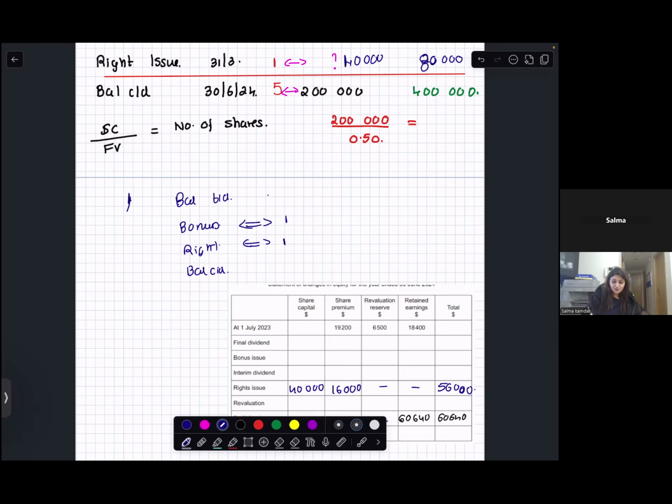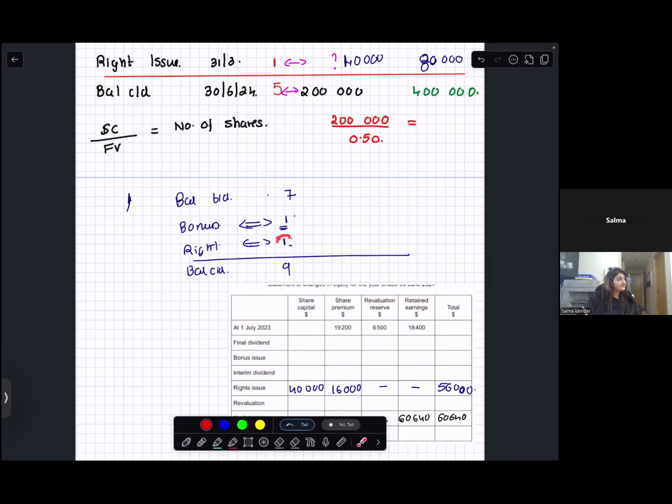For the bonus issue, I'm giving one ordinary share for every 7 held. For the right issue, I'm giving again one ordinary share for whatever held. But the right issue would be 1. So the total number of shares would become how much? 7, 8, and 9.